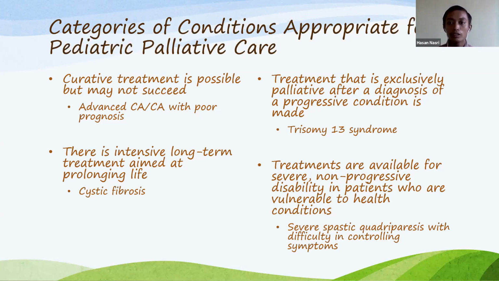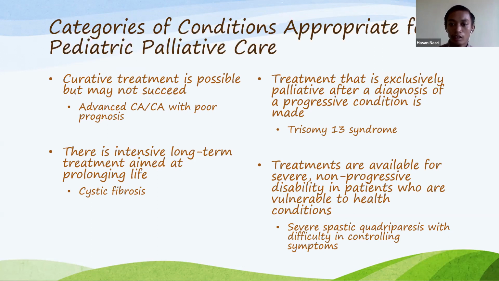And the third type is treatment that is exclusively palliative after a diagnosis of a progressive condition is made, which means we try to make the patient feel comfortable even though we cannot cure the condition, for example symptomatic management.